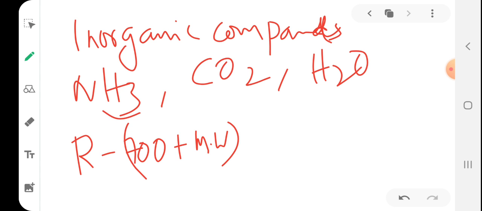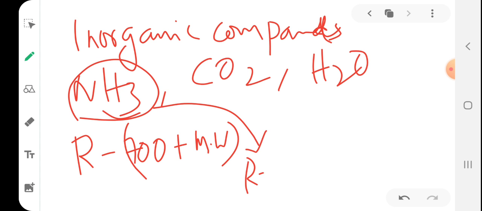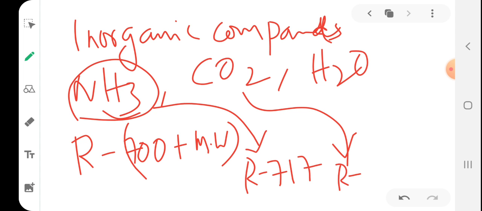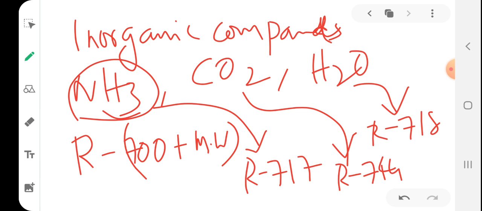So for NH3 the molecular weight is 17, so it should be R717. CO2, the molecular weight is 44, R744. H2O, the molecular weight is 18, it should be R718. So it should be 700 plus molecular weight. This is how we designate an inorganic compound.